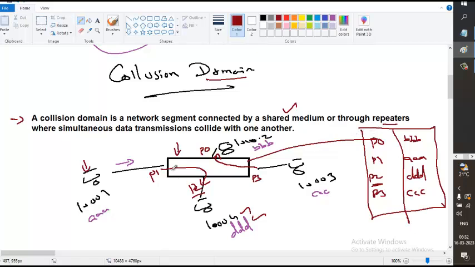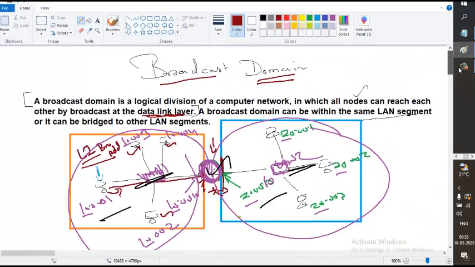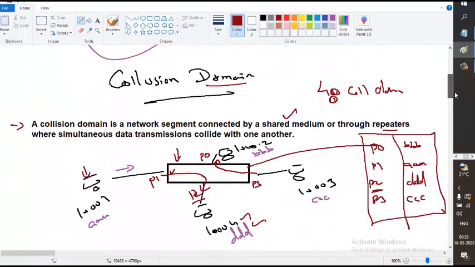Whereas here, every port learns the MAC address, so each port has got a collision domain. Remember, I told you, if you have a 48 port switch, you will have 48 collision domains. Right, so we have learned what is collision domain and what is broadcast domain.